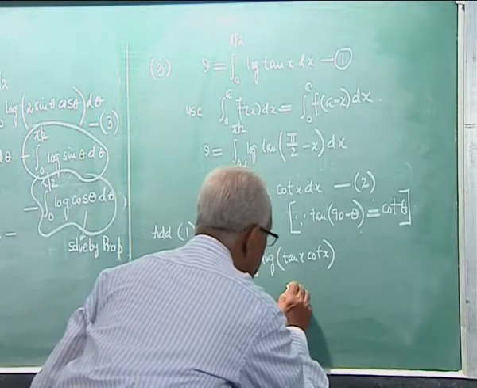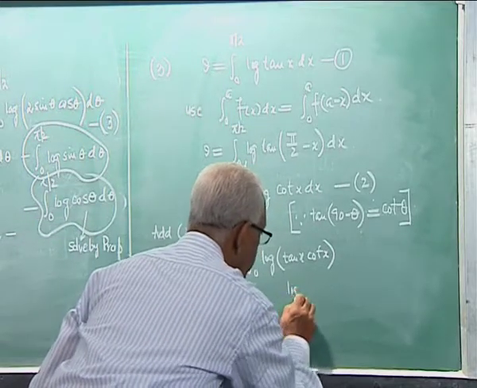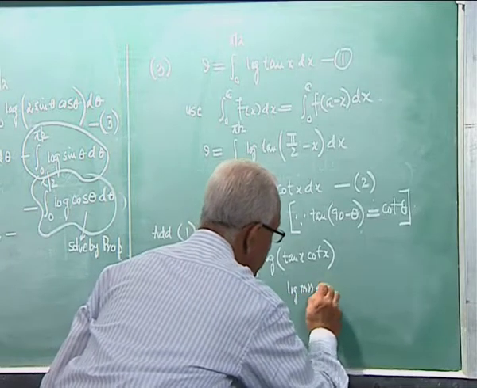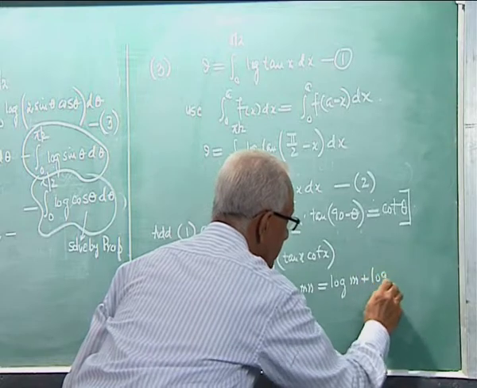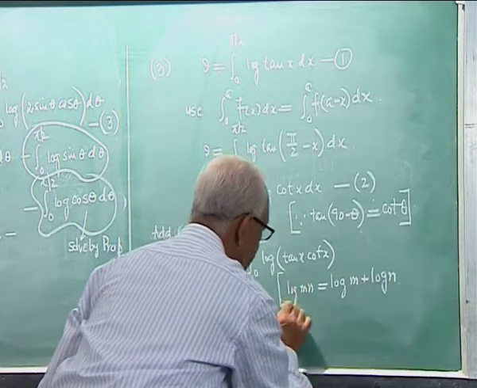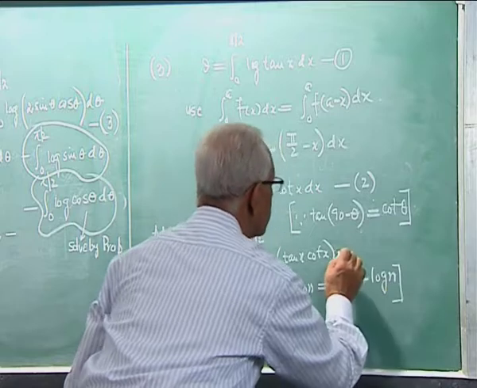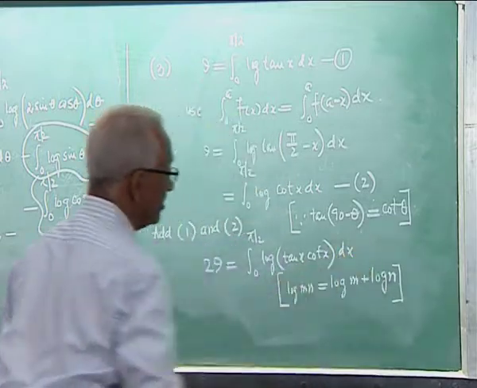I have used the formula log of mn is equal to log of m plus log of n, by which I got finally this thing. Of course the dx will be there.